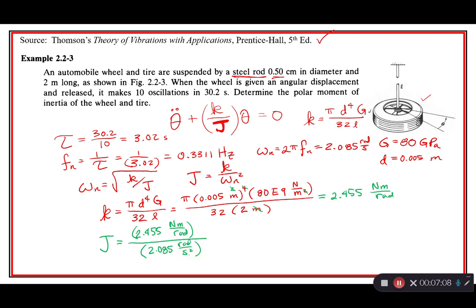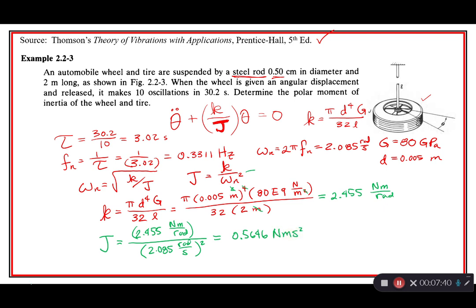I said second squared, I jumped ahead, but it's supposed to be squared because that's squared up there. What we end up with is 0.5646. Ignoring the radians, because they're really just a placeholder for units, we would get newton meters second squared.